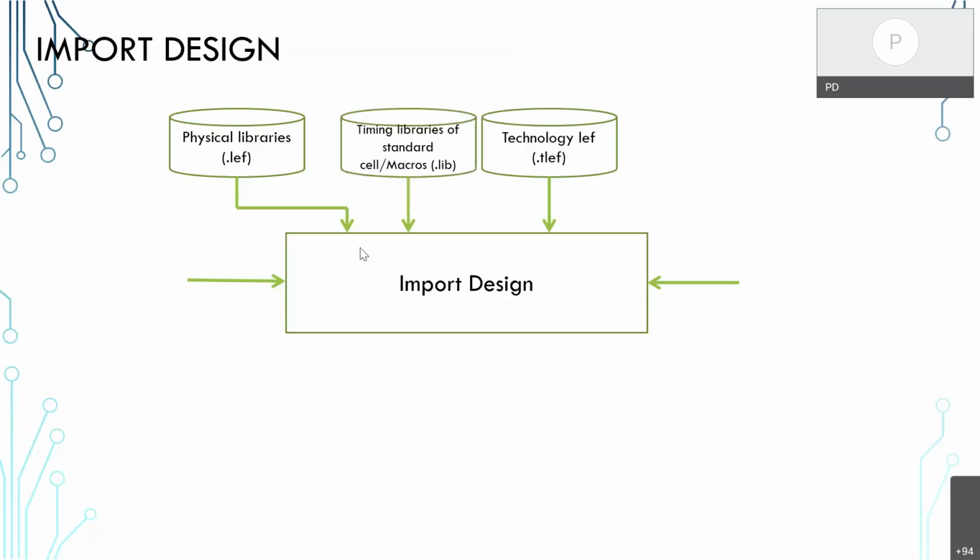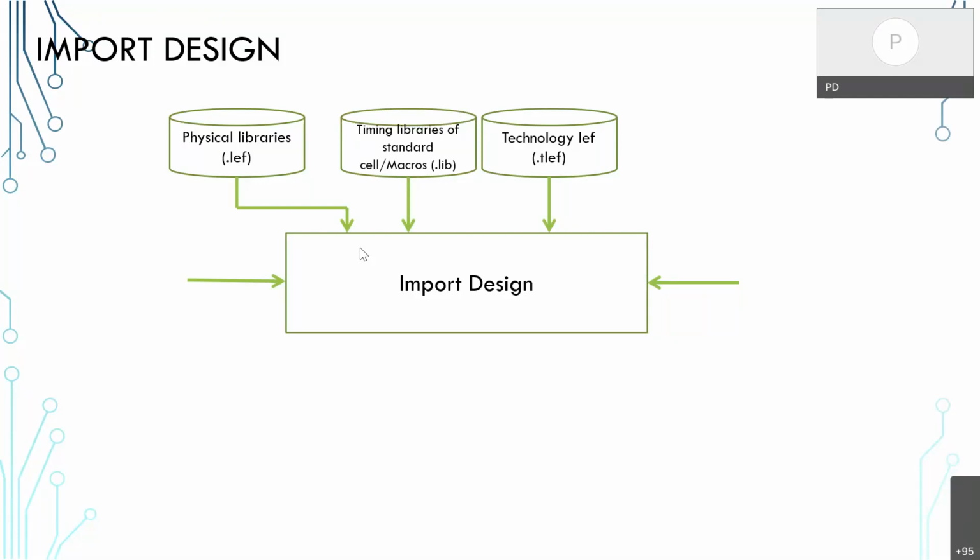Then comes the timing libraries of the standard cells. Timing library means we have to know how that particular cell behaves. For example, if I'm giving the input with this much transition, and I'm going to drive this much amount of load, then how much delay my cell is going to take.